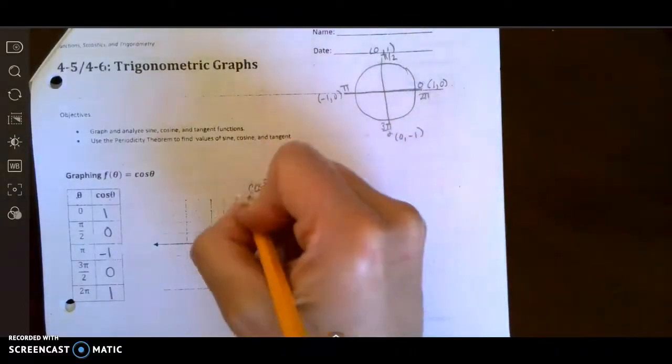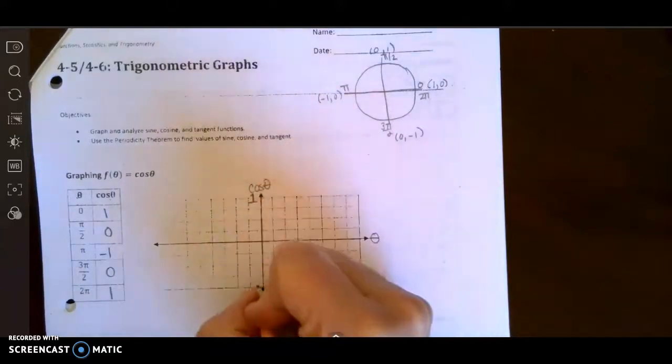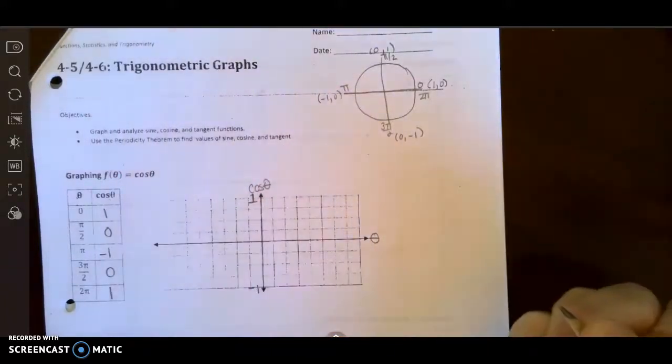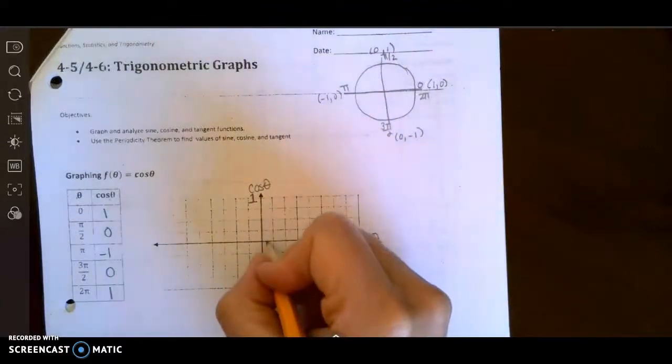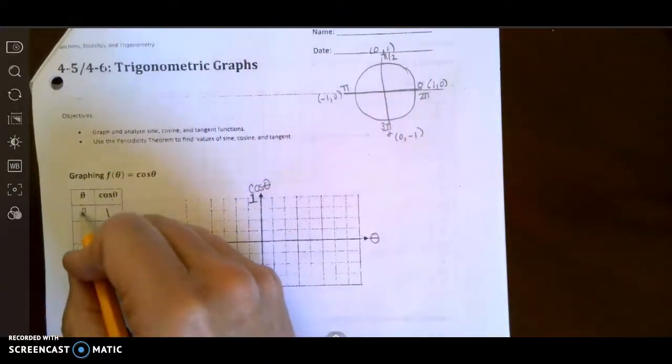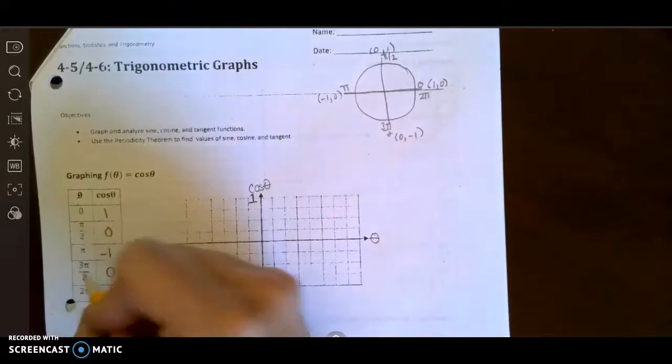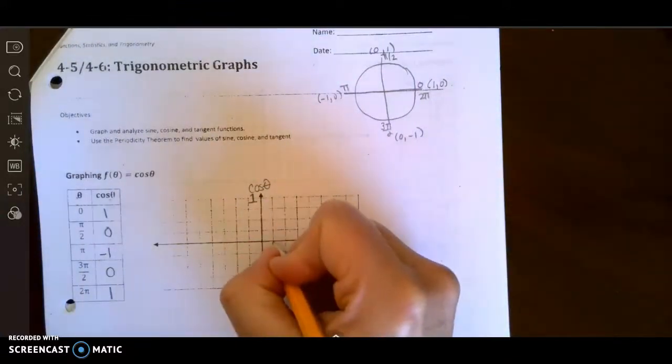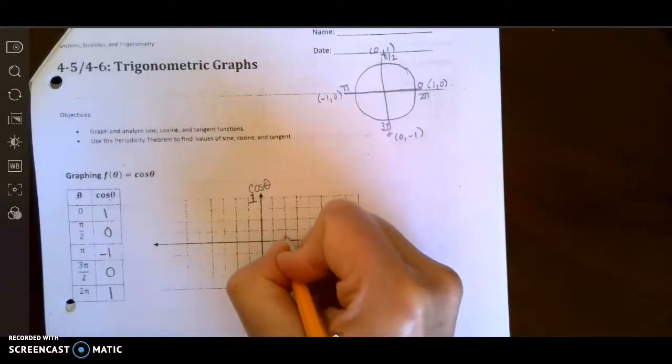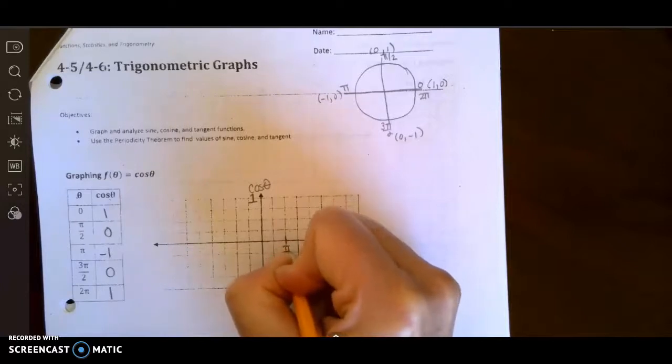I am going to make this 1 and this negative 1. And each of these marks is going to be a quarter of a pi, so this is 0, 1/4 pi, so this right here would be pi over 2.